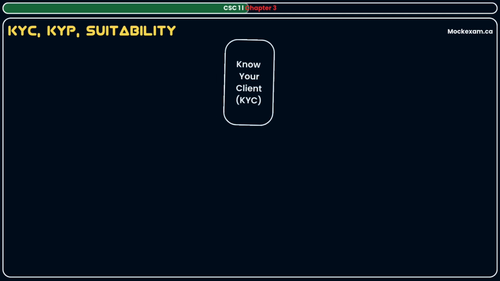What is the KYC rule? Think of KYC as the measuring tape stage for investments. It's about gathering detailed information to understand the client. Here's what you, as a financial advisor, must assess: personal condition, age, employment, family situation, and more are under personal condition.